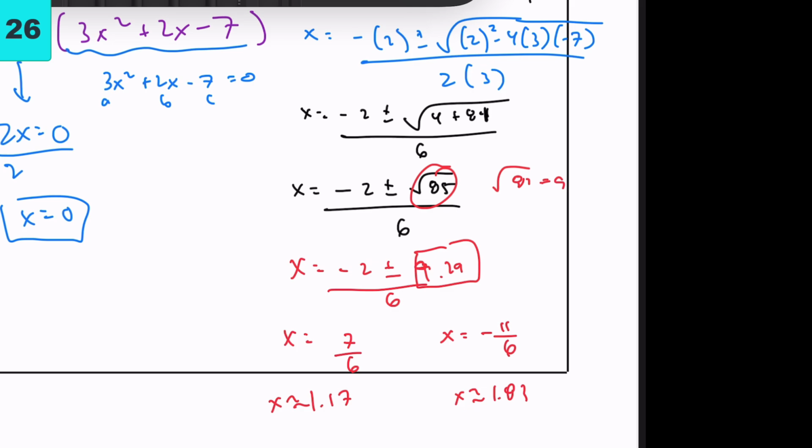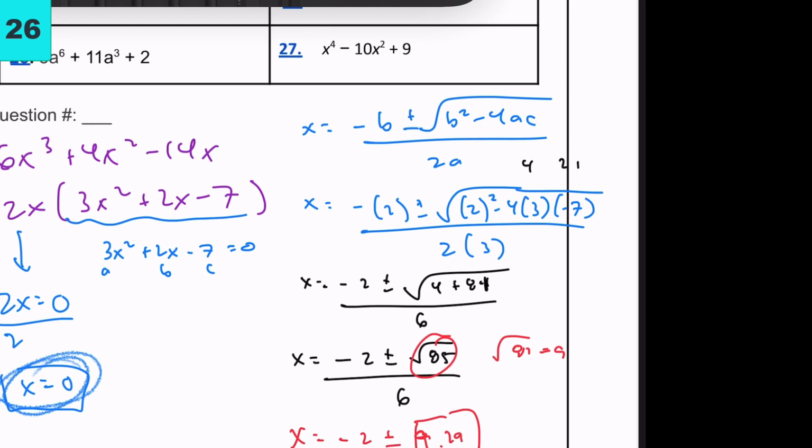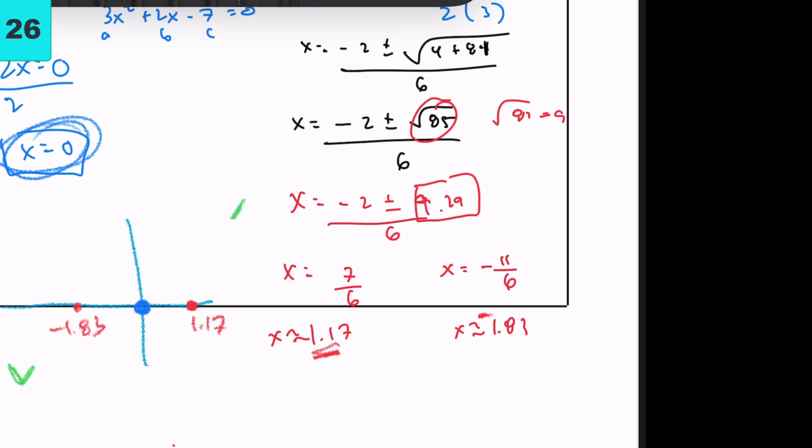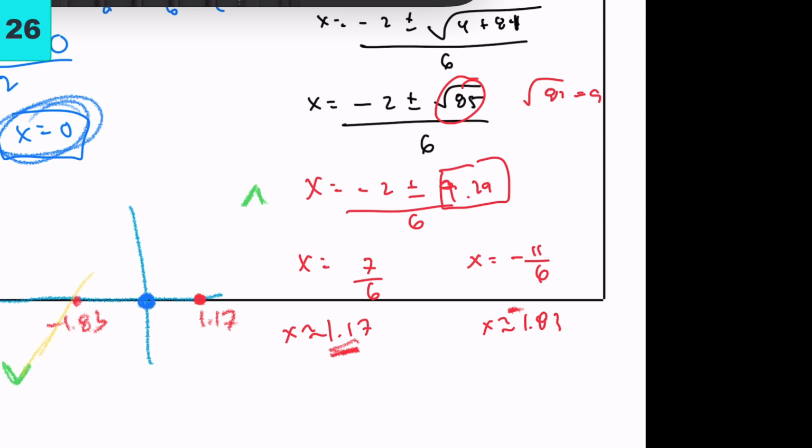So then if you make your quick sketch, x equals 0, something around here, one's a negative. So positive, negative. This is cubic, positive leading coefficient. They're all shoot-throughs.